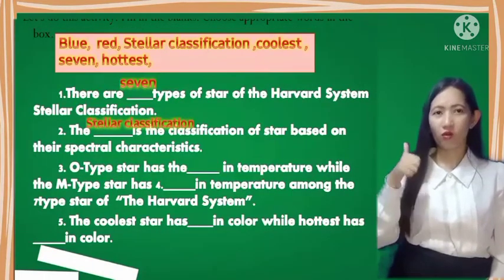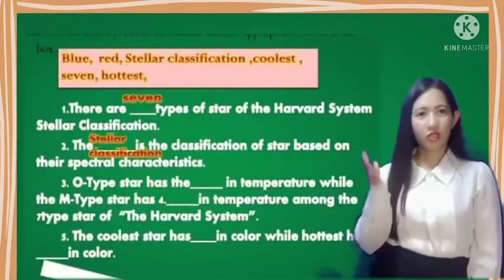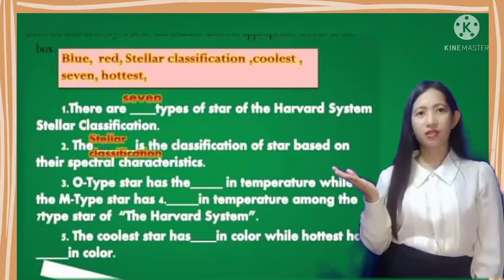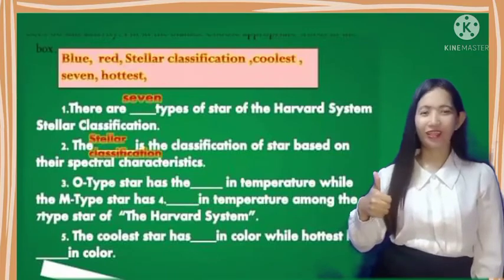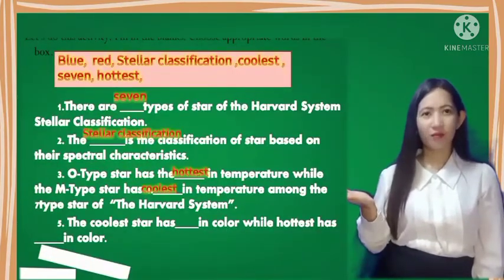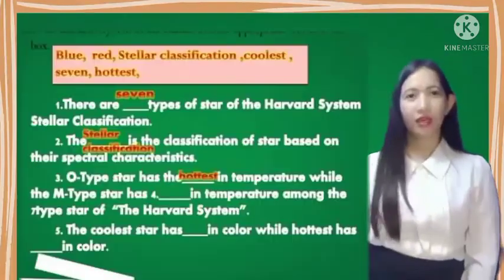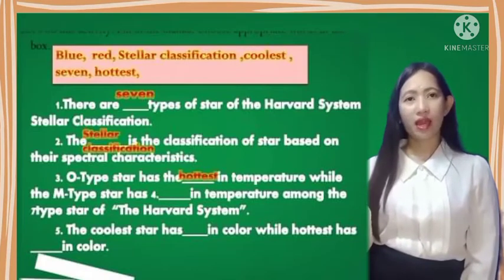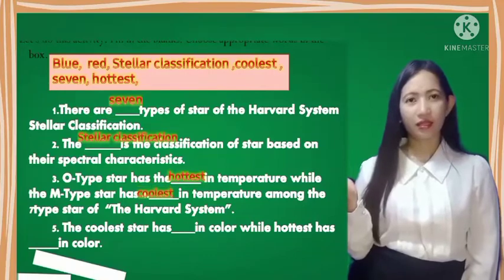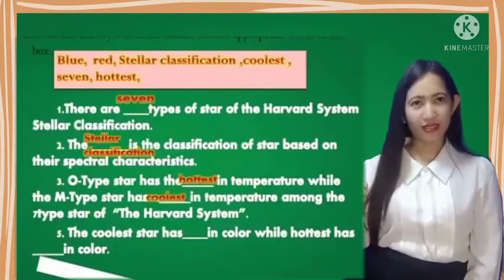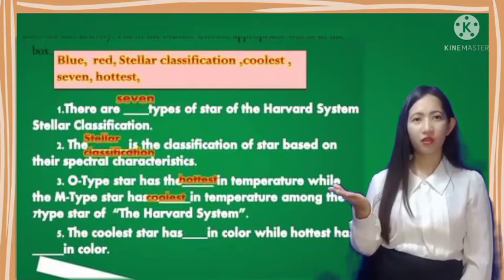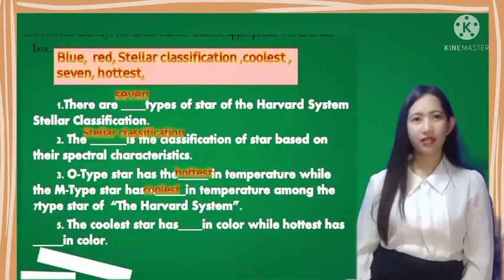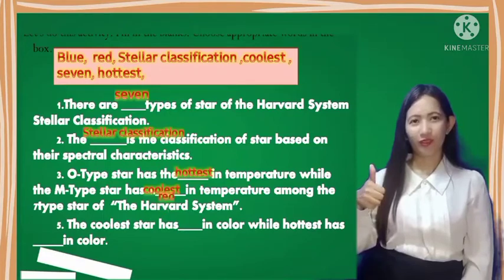Number 3, O-type star has the blank in temperature. That is hottest. And number 4, the M-type star has blank in temperature. That is coolest. Number 5, the coolest star has blank in color. That is red.